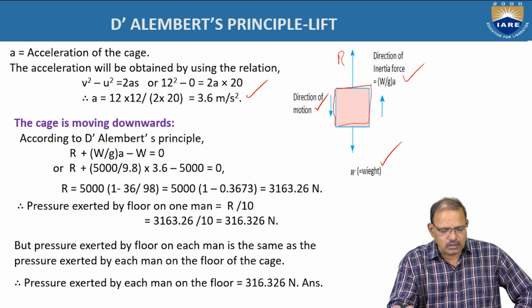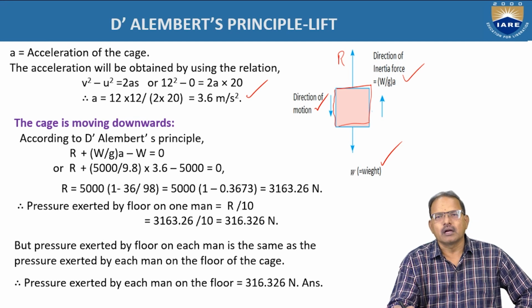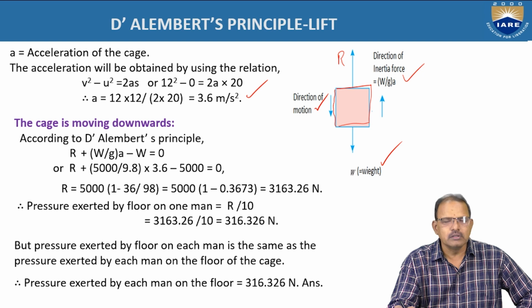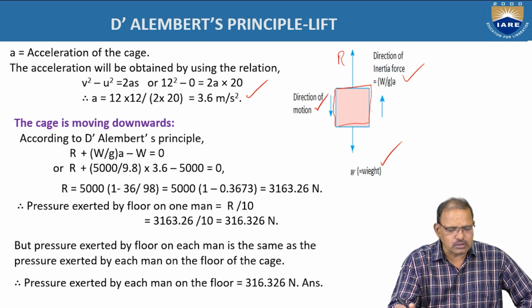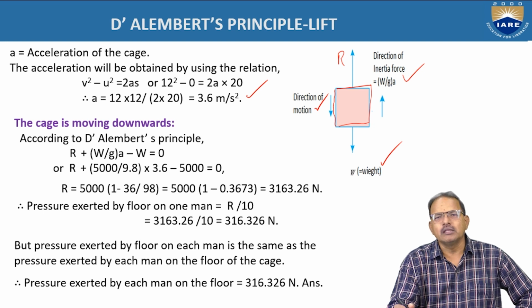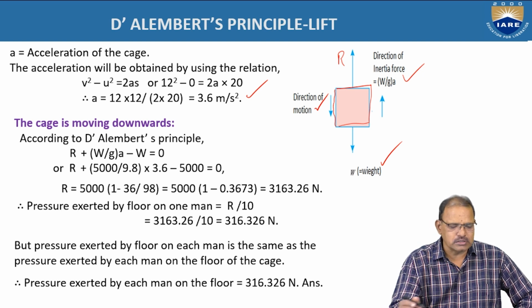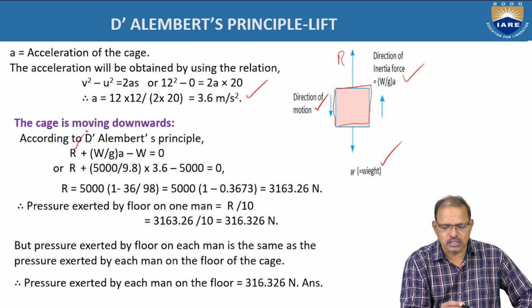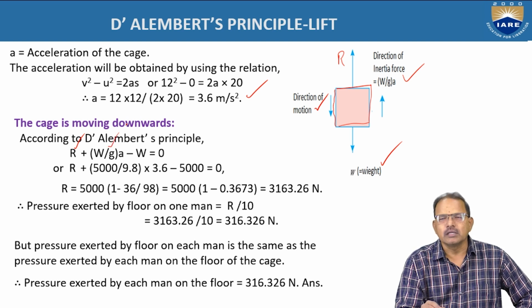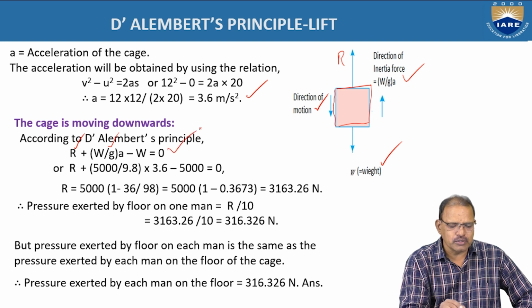Now, when we are equating according to D'Alembert's principle, the resultant force should be equal to 0. The algebraic sum of the forces which are acting in the direction of motion is equal to 0. That means here the forces which are acting in upward directions generally we are taking as positive forces, in downward directions negative. Hence here R, that is the tension in the rope, plus W by g into a, it is called inertia force, minus W is equal to 0.